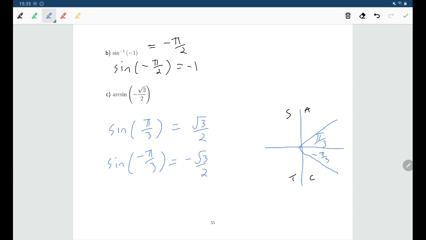So arc sine of negative root 3 over 2, that's negative pi over 3, negative 60 degrees. Now, again, if you have to think in terms of degrees while you're doing your work, feel free. Just make sure that when you're giving your answer that the angles are being given in terms of radians, which is what I'm expecting.